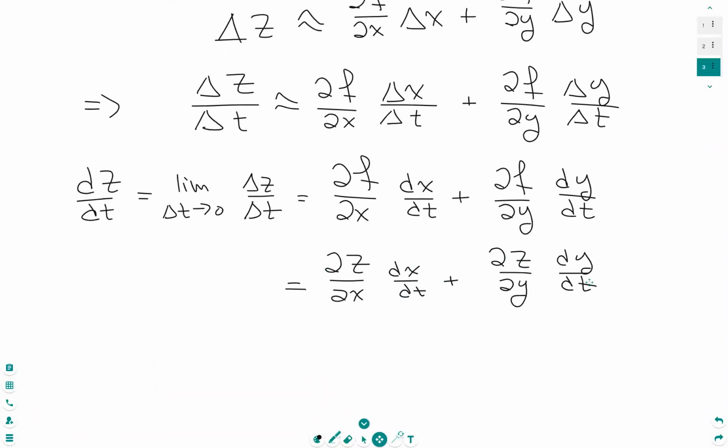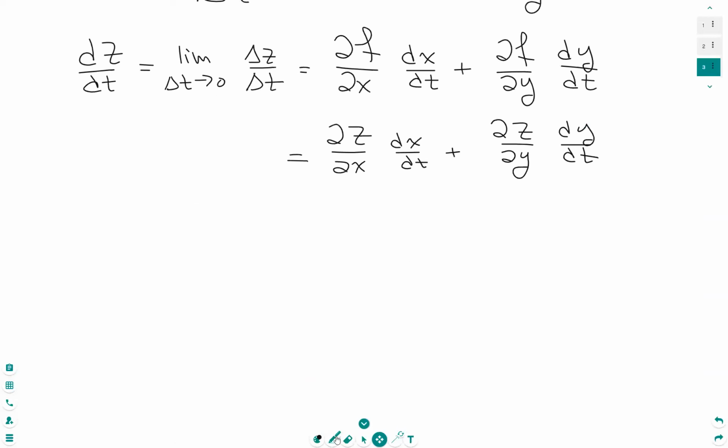And that continues in general. If we have three variables, we'll have a third set of another product. So this is the chain rule, case one.